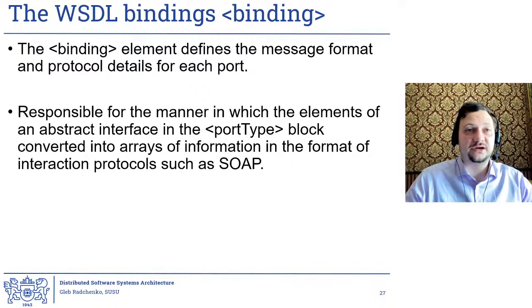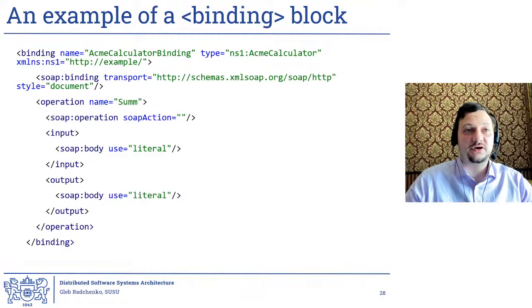We already defined that inside the binding element we have the port type block that defines the information about the format and interaction protocols, and most commonly we would use SOAP as the method of communication. We can see it here.